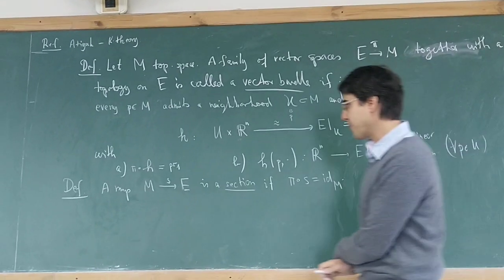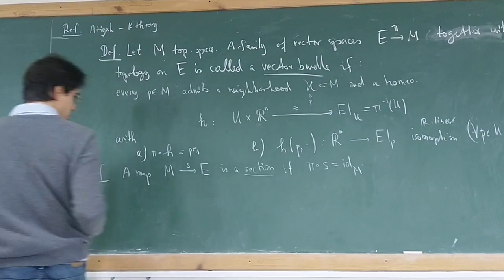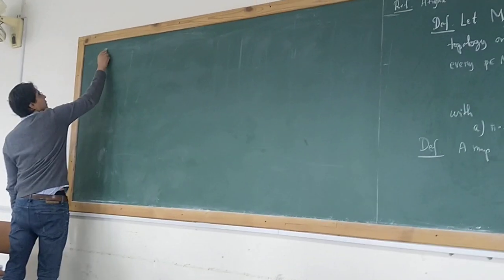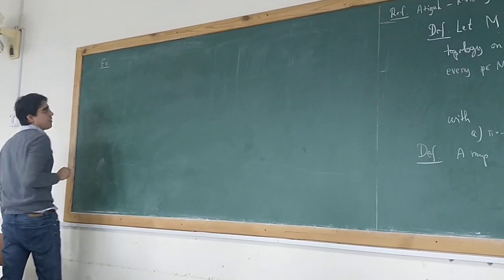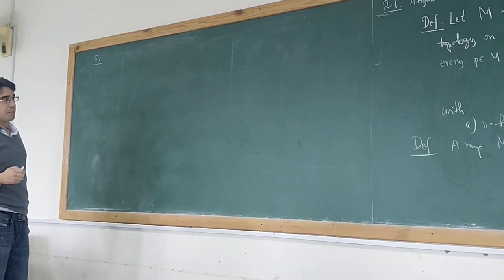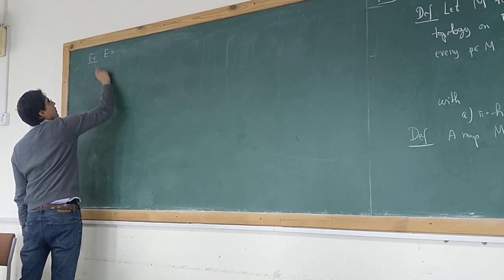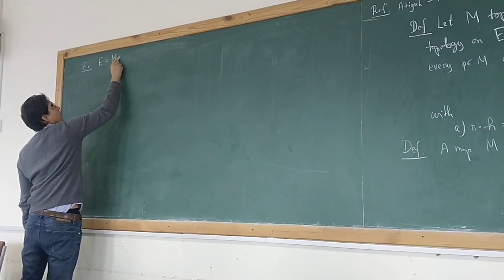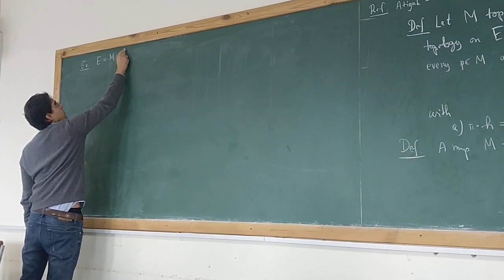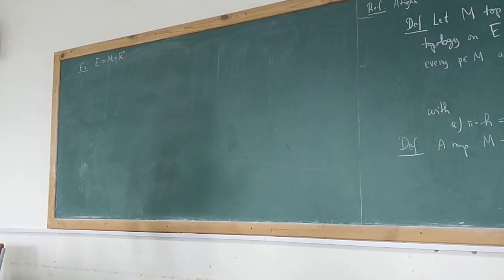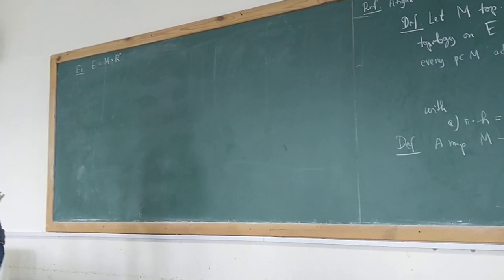And this is a generalization of the function for the following reason. Here's a very easy example of a vector bundle. We can take E simply to be M cross Rn. For example, n could be 1, M cross R is in the picture.